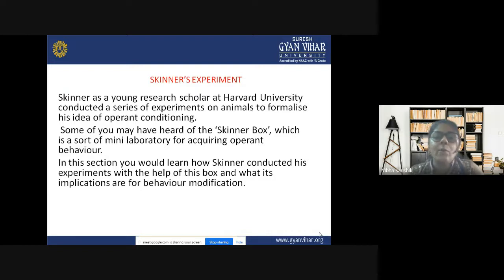In this section, you will learn how Skinner conducted his experiment with the help of this box, and what its implications are for behavior modification.